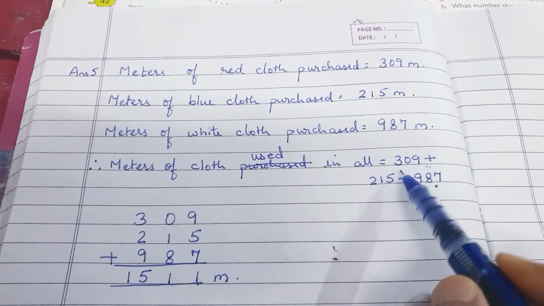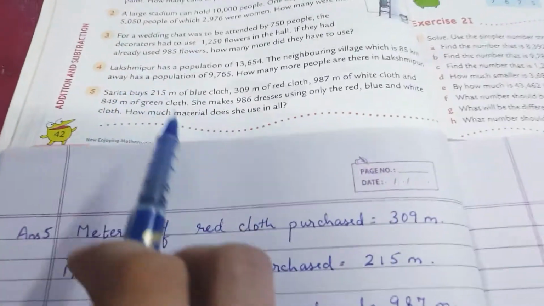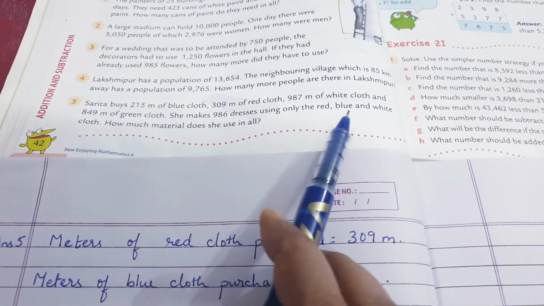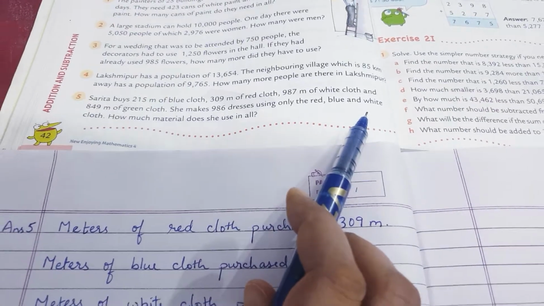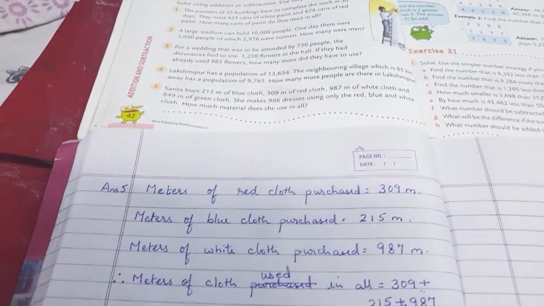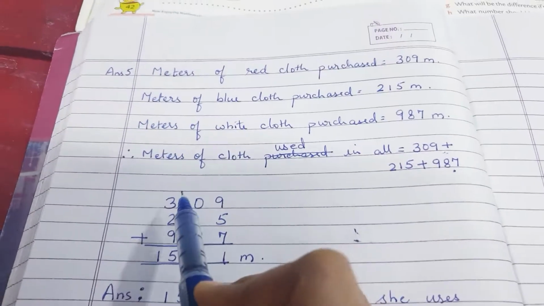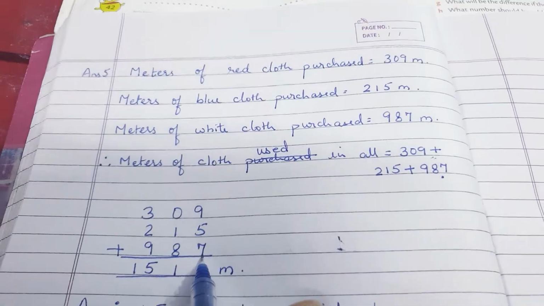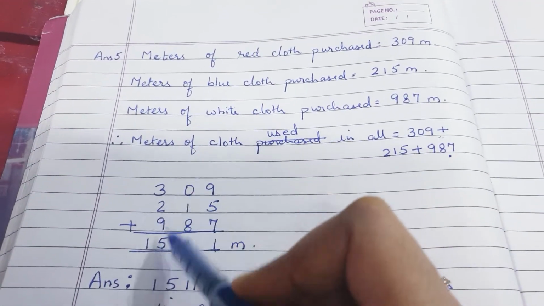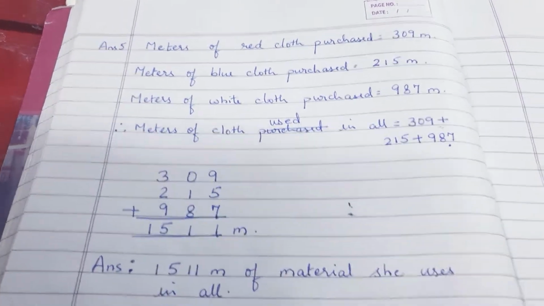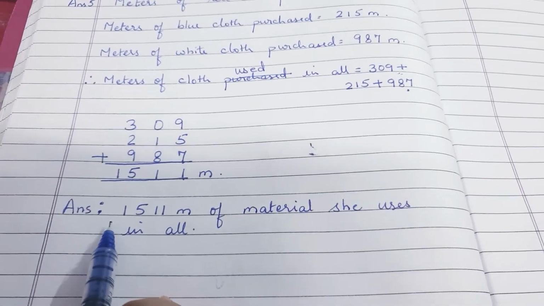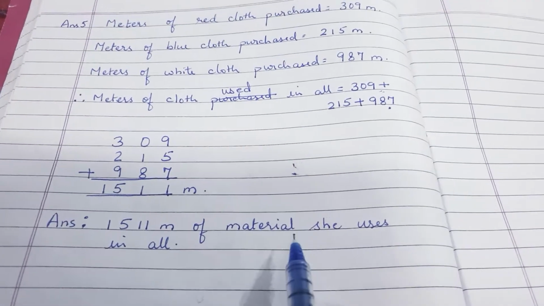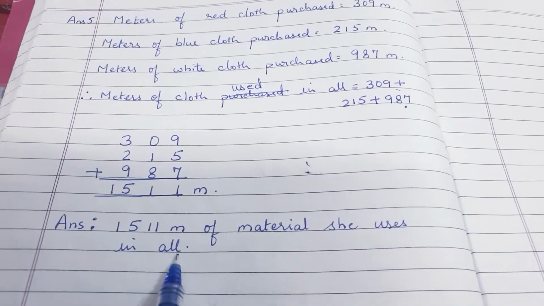Why have we added only these three and not the information about green? Because green color cloth was not used, only red, blue and white cloth was used. So we will add these three numbers, 309 plus 215 plus 987, write in proper columns and add, and then we will write the answer statement, that is 1511 meters of material she uses in all.